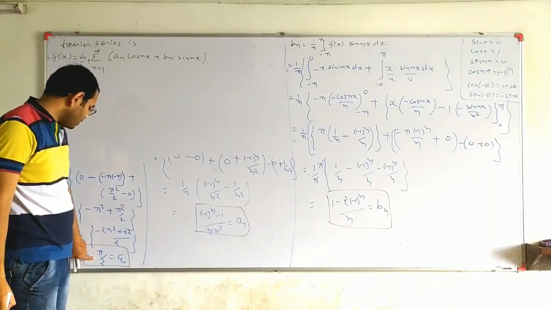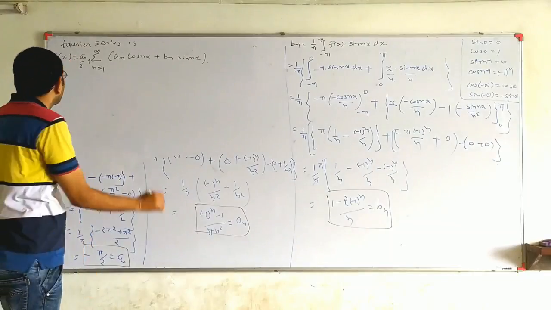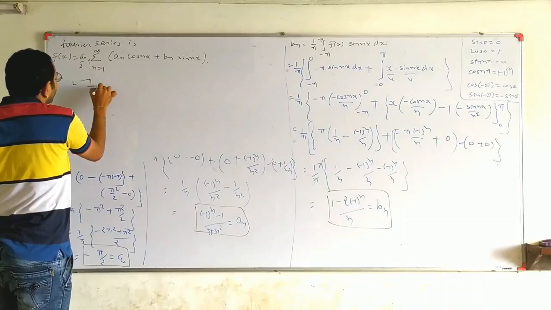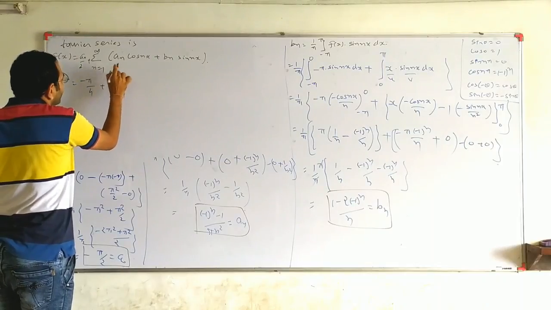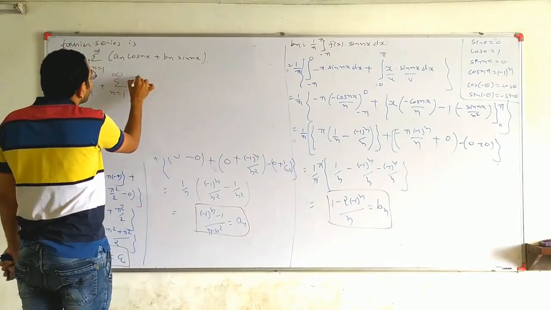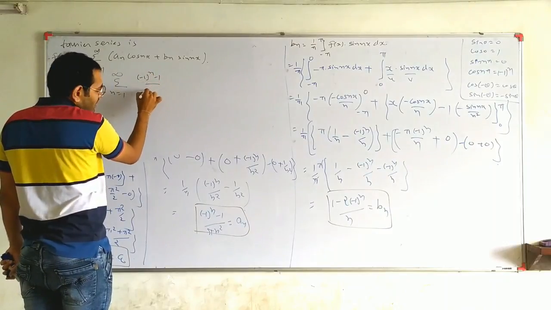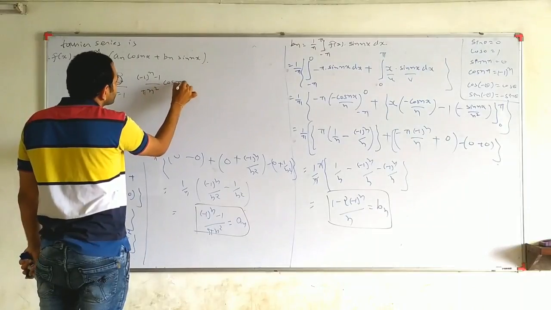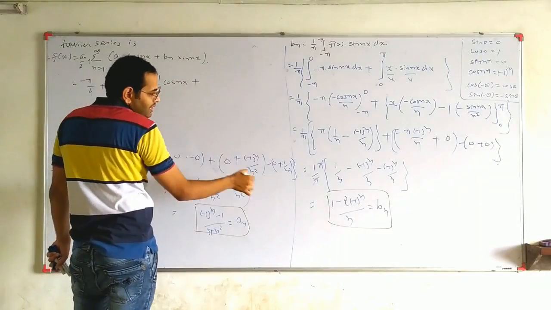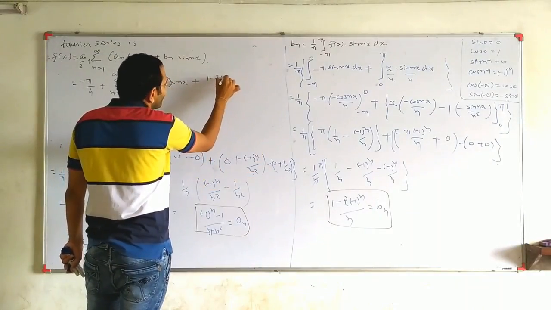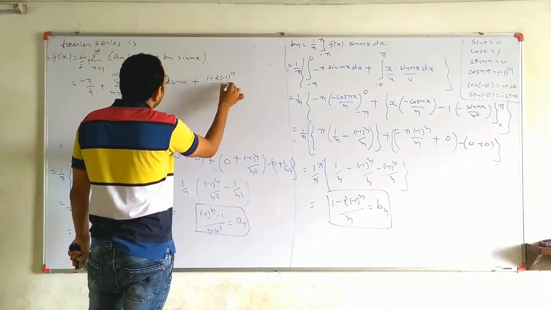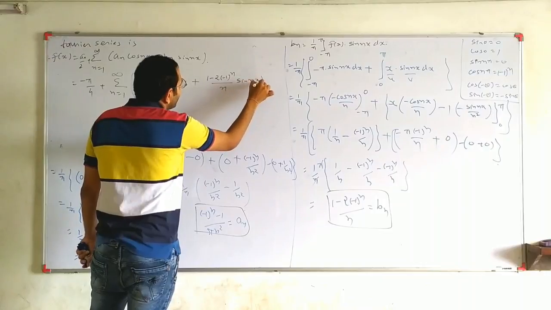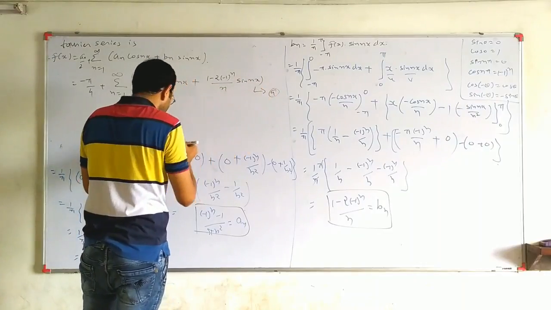What is the value of a0? That is minus pi by 2. Then here we substitute minus pi by 4 plus summation n equal to 1 to infinity. Value of an, that is minus 1 raised to n minus 1 upon pi n square into cos nx, plus value of bn, that is 1 minus twice minus 1 raised to n, into sin nx. That is our equation number 8.